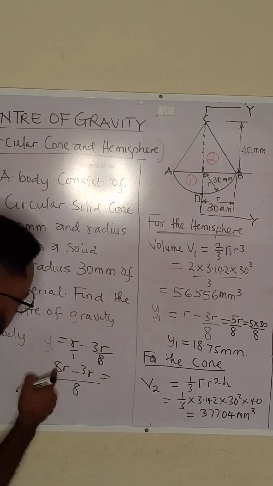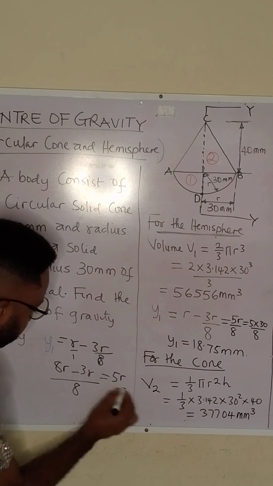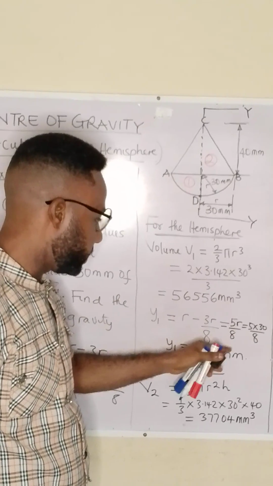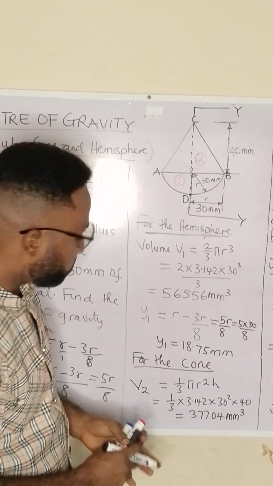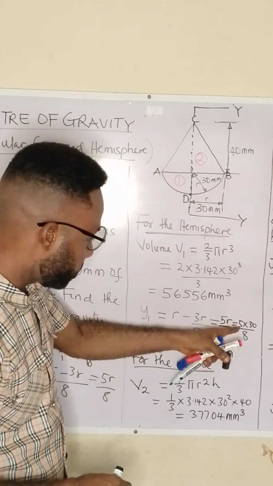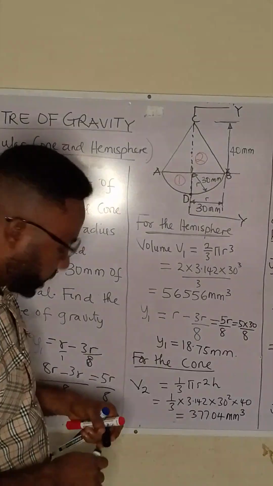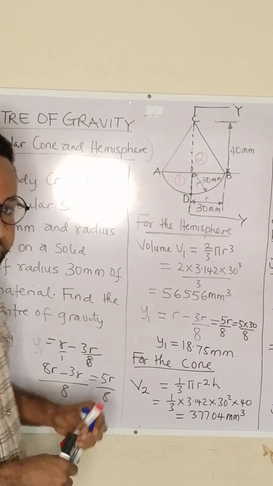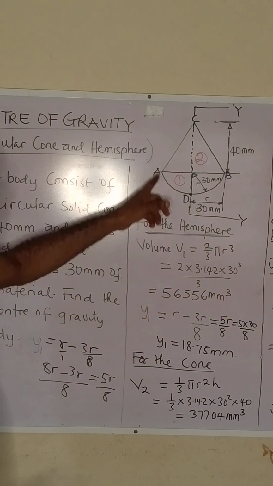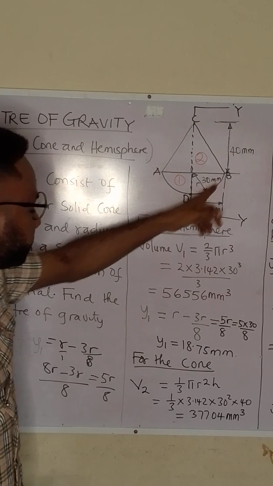So when you say this minus this, it will give you 5r divided by 8. So that was how we got this 5r divided by 8. And then when we bring in the value of the radius, our answer is going to be 18.75 millimeters. So we are done with the hemisphere, which is this shape 1.